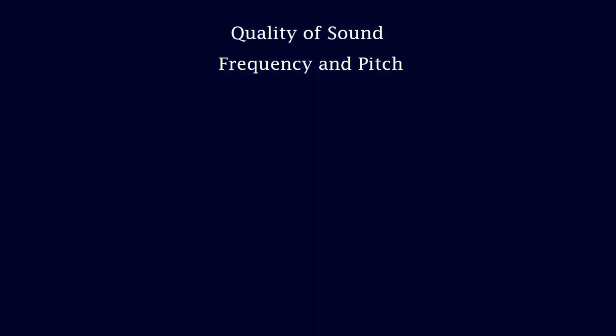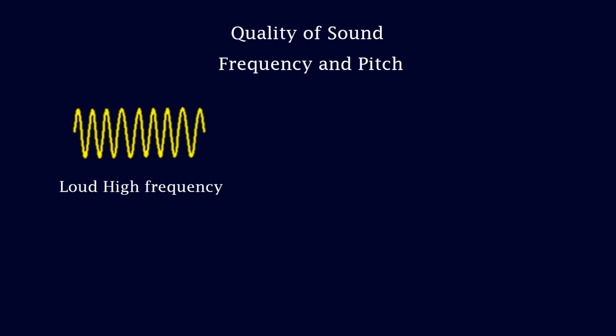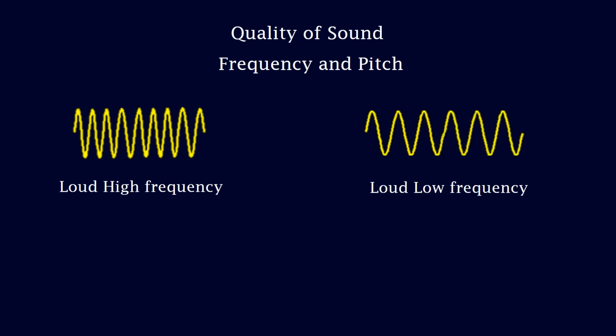Now, let's visualize this concept through four distinct animations. High frequency: imagine a sound wave with a high frequency, resulting in rapid oscillations. Visualize how this translates to a high pitch. Low frequency: transition to another scenario with a sound wave characterized by a low frequency, featuring slower oscillations. Observe how this corresponds to low pitch.